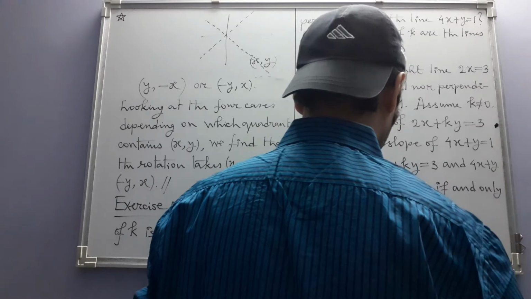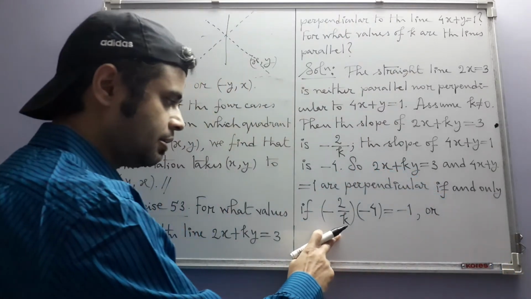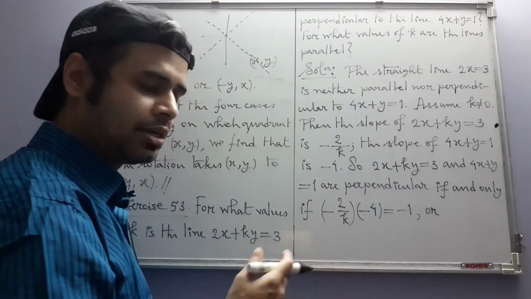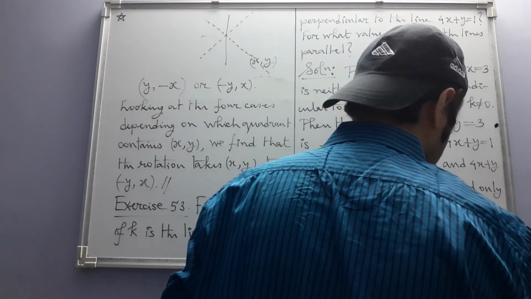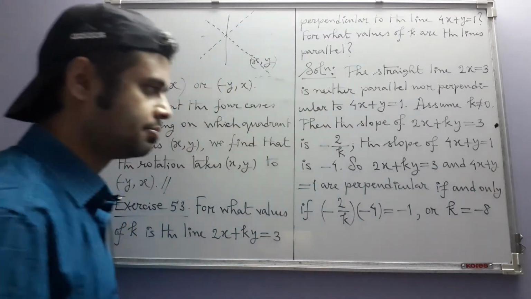So what do we get? 8 divided by k is minus 1. So k is equal to minus 8.